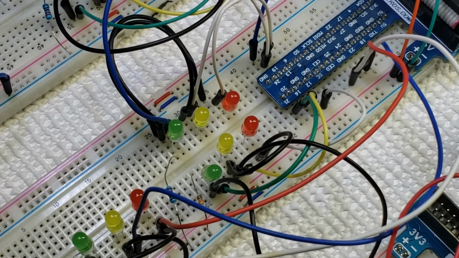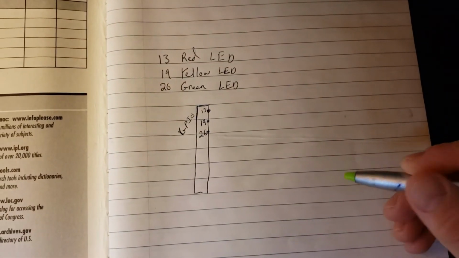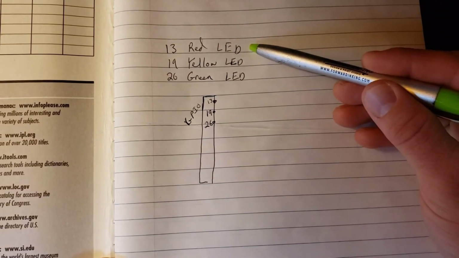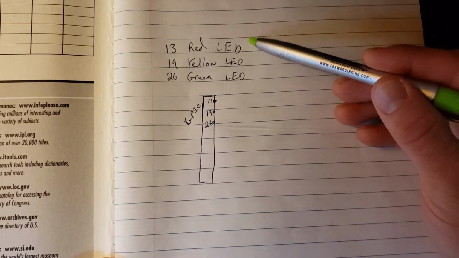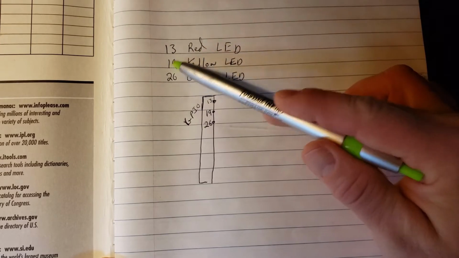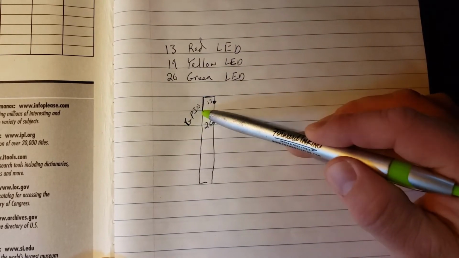So let's come over to a piece of paper and take a look. We have on our notebook here, as indicated on the actual layout on the breadboard, red going to pin 13, yellow 19, green 26. I've started GPIO.